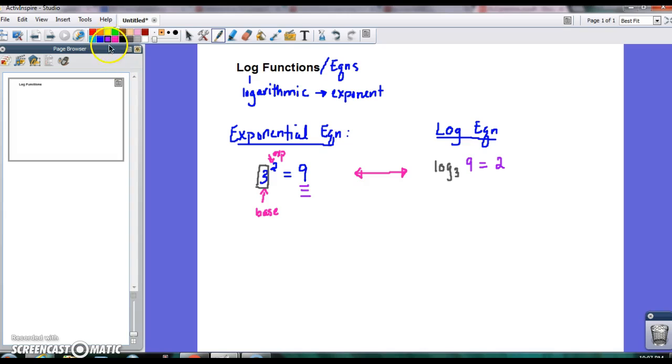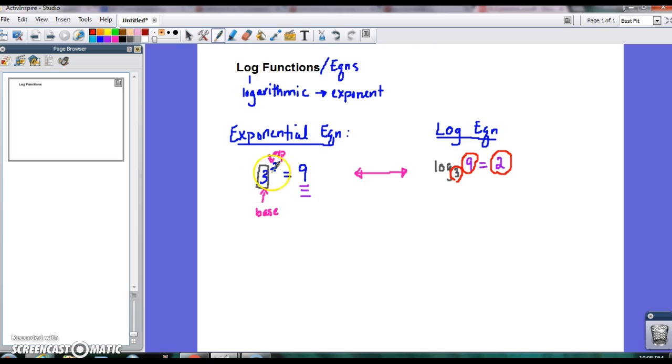Well, if I can get my little pen to work. 3 is my base, so 3 squared is 9. The exponent whose base is 3 that gives you 9 is 2. That's what this is saying. These two equations are equivalent.